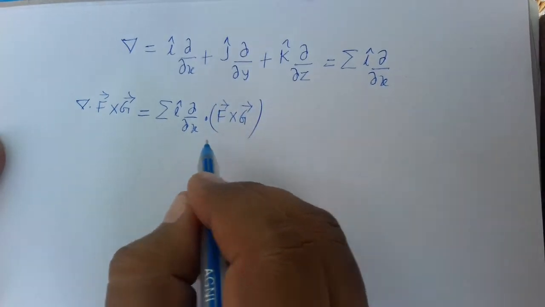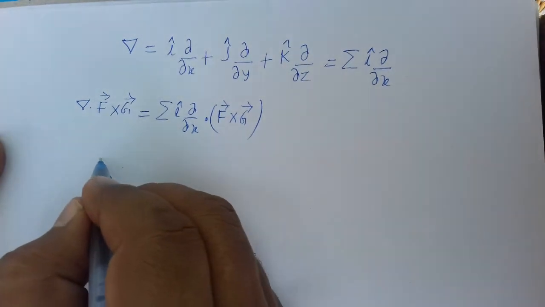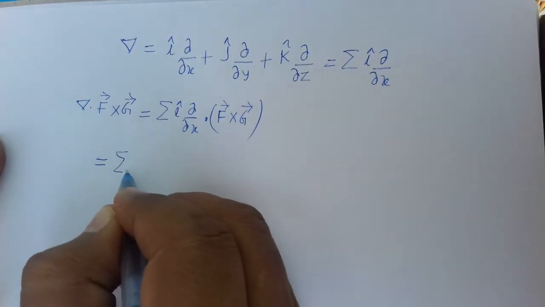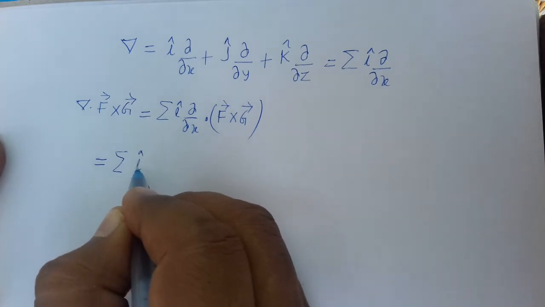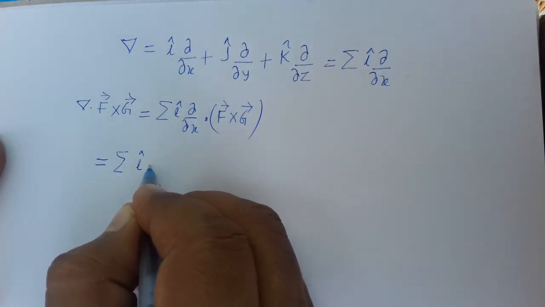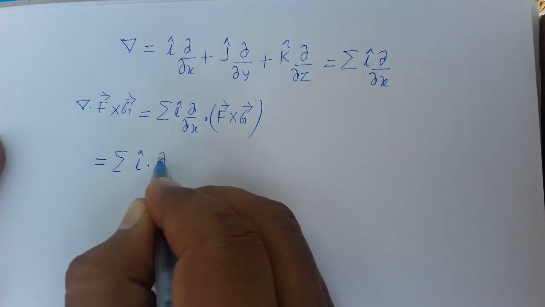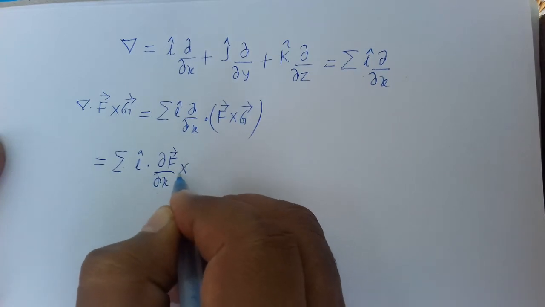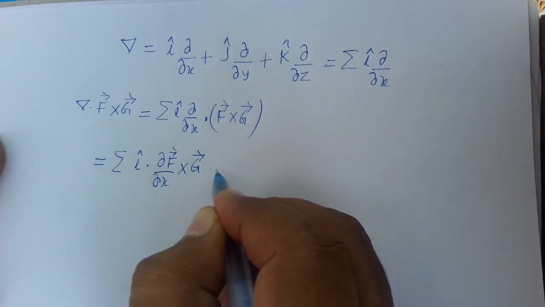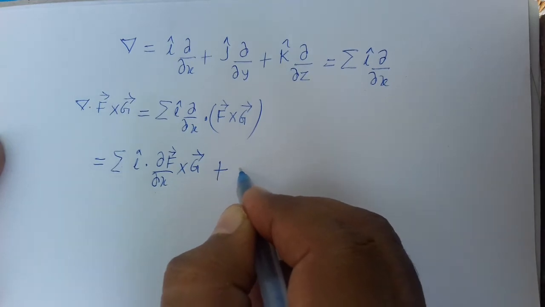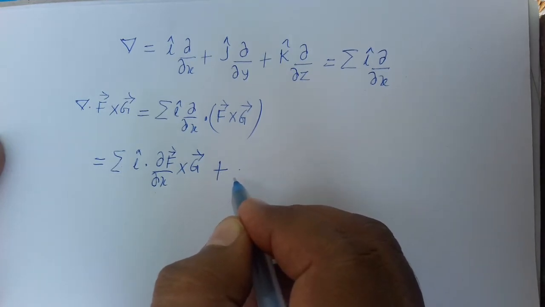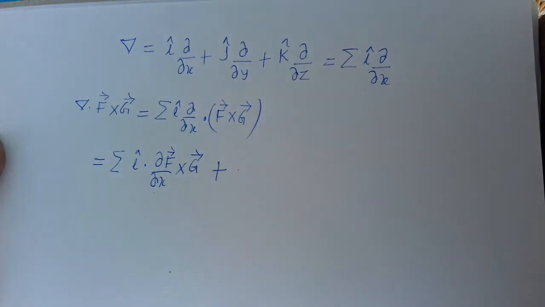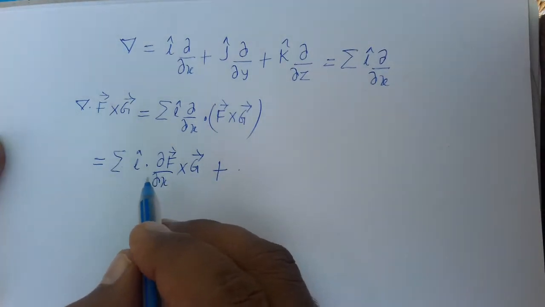Now this expression can be written as i cap dot del f by del x cross g, plus, giving a plus sign. One can write, or you may write in other way also.